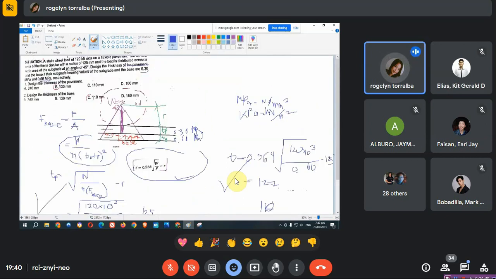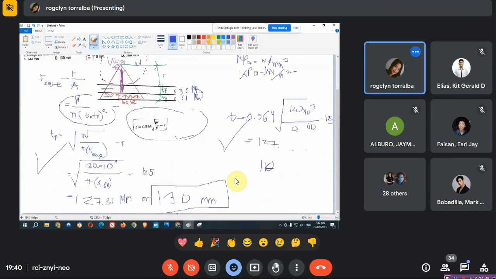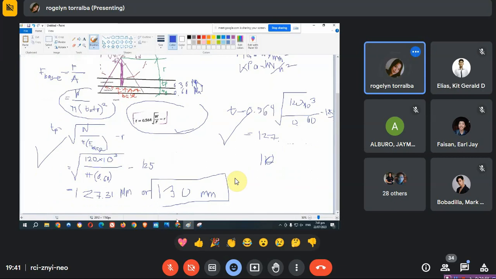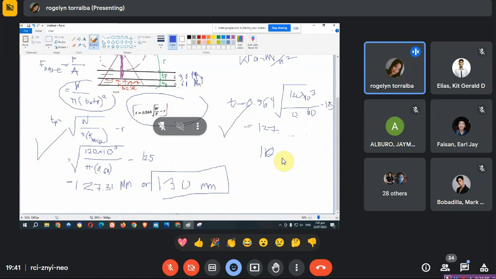Ang number 2, yun na pong question. Design the thickness of the base. So, syempre, kay nahuman na ta gamit sa 0.60 megapascal, dito na po ta sa base. So, unsa atong gamiton? Unsa nga stress atong gamiton?